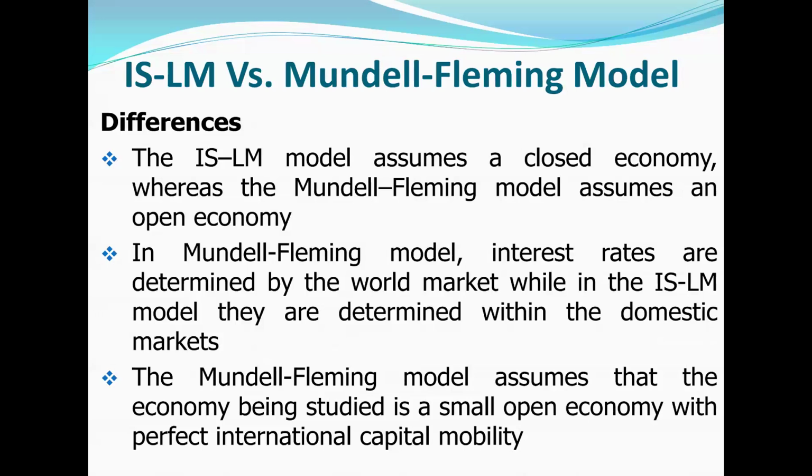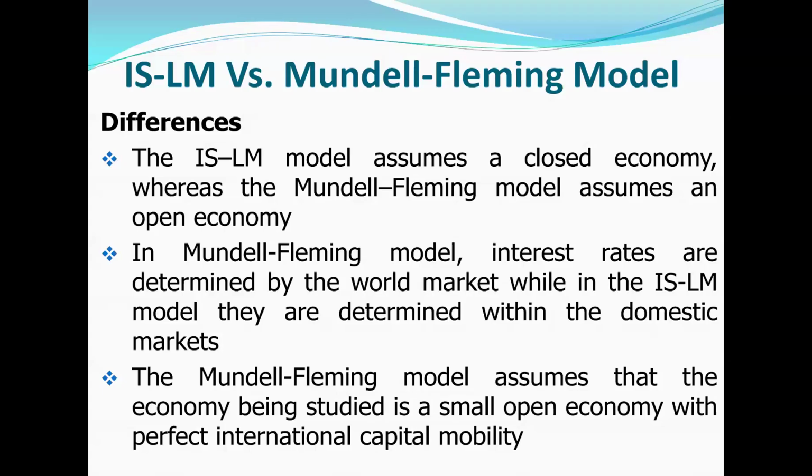In the Mundell-Fleming model, interest rates are determined by the world market, not by the local market, because it's an open world. But in the IS-LM model, they are determined by the domestic economy.